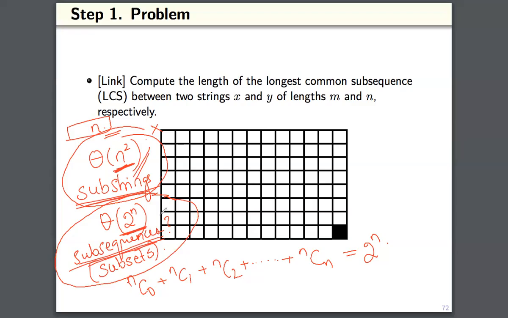If you reduce this to polynomial time, that means there should be overlapping subproblems. Here, there were no overlapping subproblems in the previous problem. Hence, we said this is not a DP problem. Here, there are overlapping subproblems, and this is a DP problem. We will see what a subproblem is and so on.